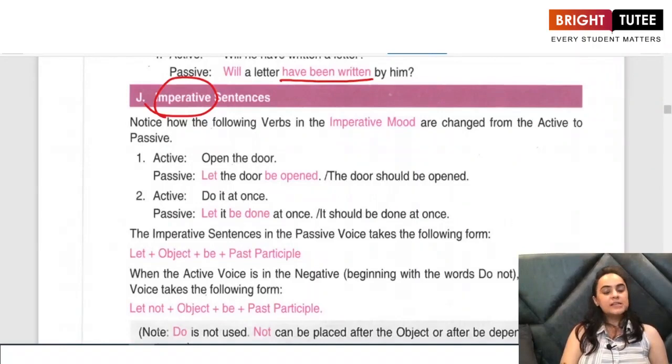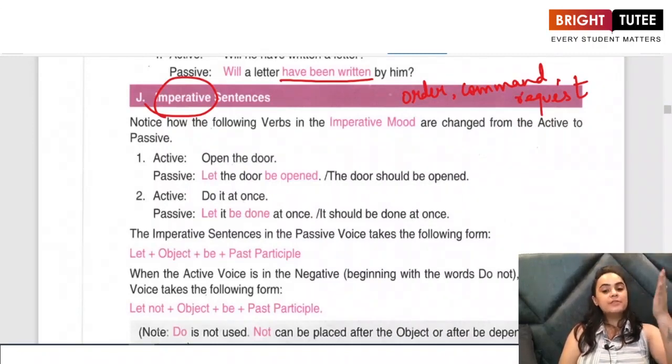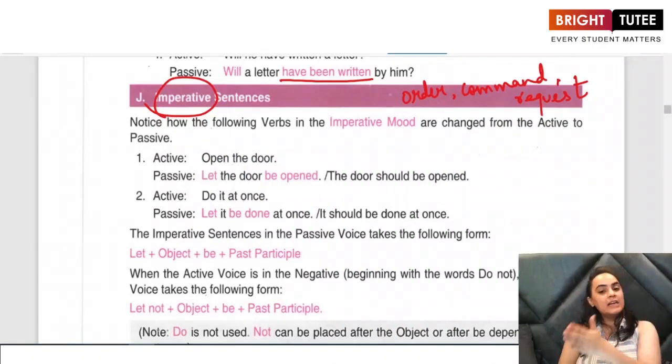Those sentences with the help of which you are giving an order to someone, you are giving a command to someone, you are making a request to someone. Such sentences are known as imperative sentences. So how do we change an imperative active sentence to an imperative passive sentence?